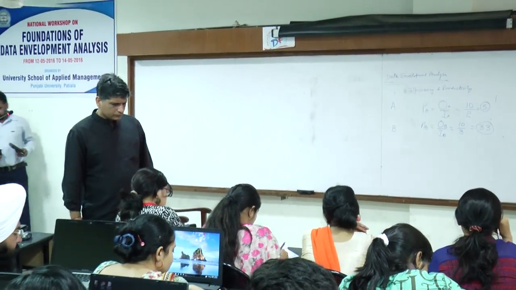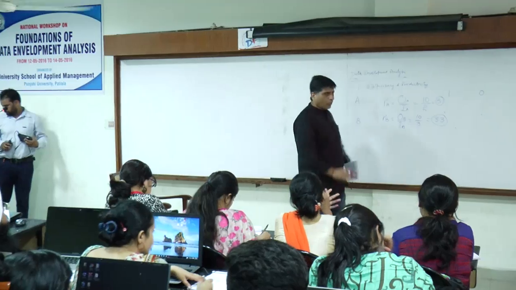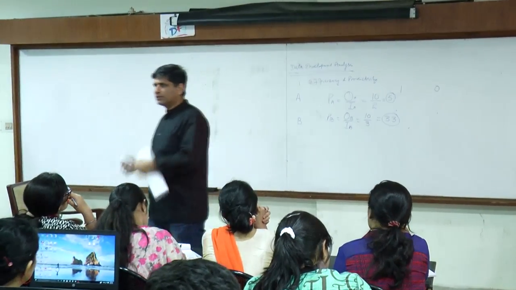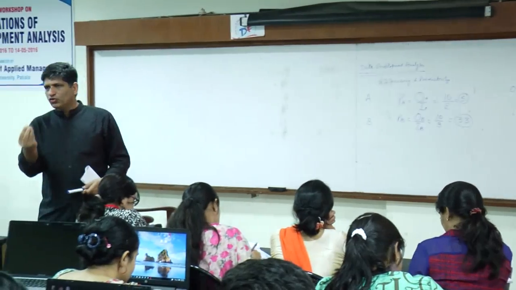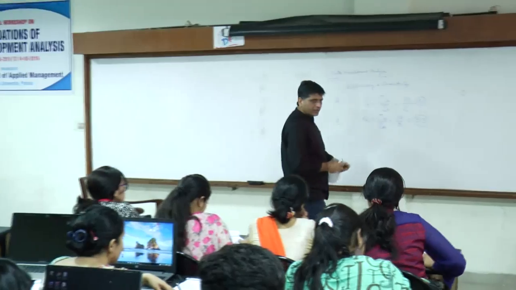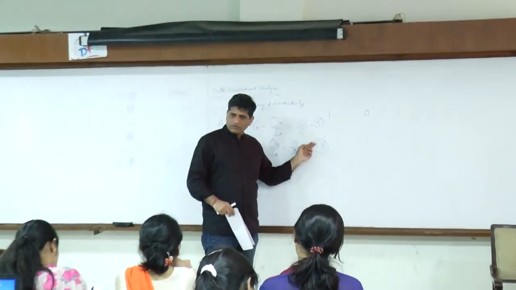Now I can easily comment on the efficiency. What inference can I draw from these two figures? Level of productivity is 5, level of productivity is 3.3.